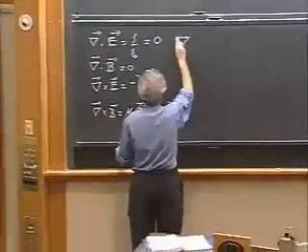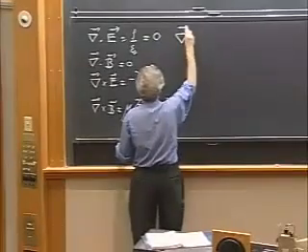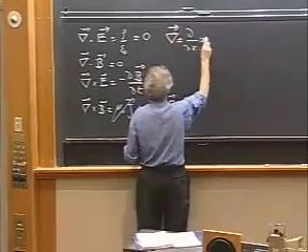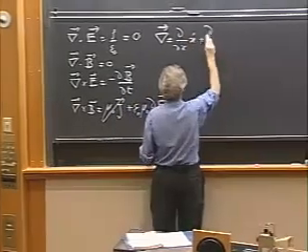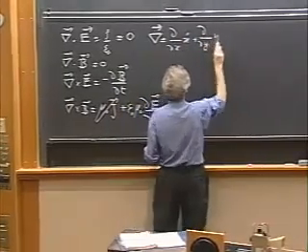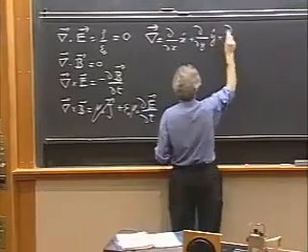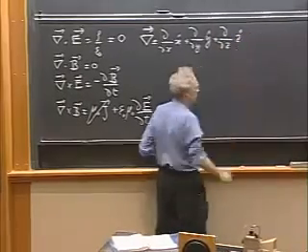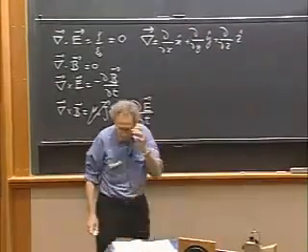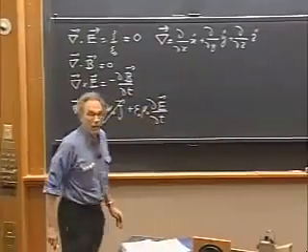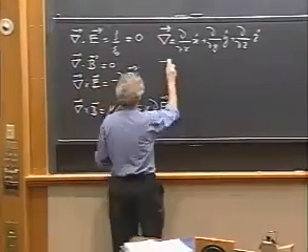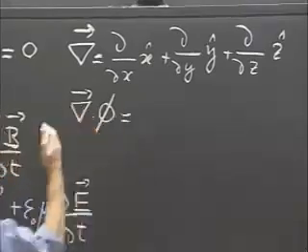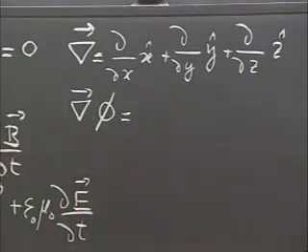The del vector is an operator: d/dx x-hat plus d/dy y-hat plus d/dz z-hat. If you apply the del vector on a function phi, this is called the gradient of phi.